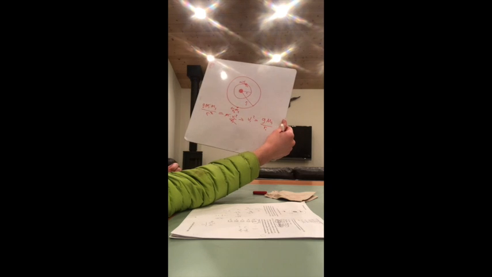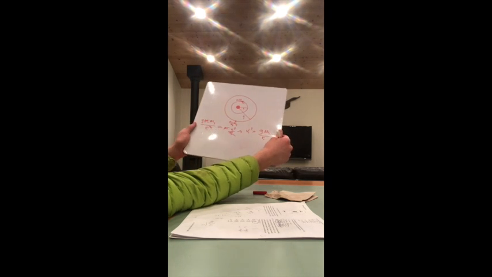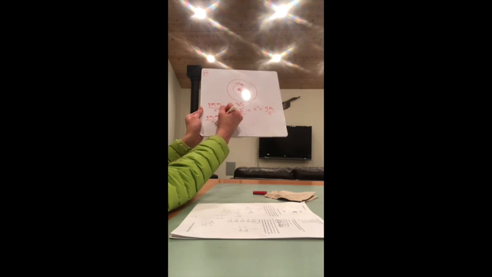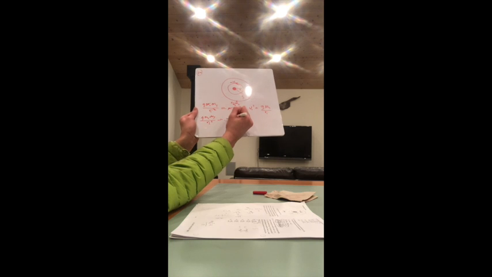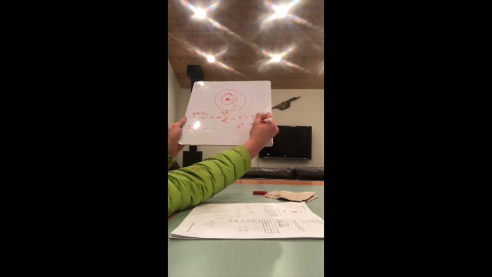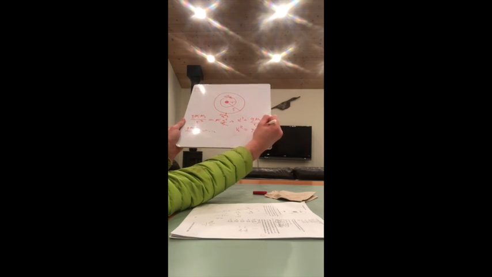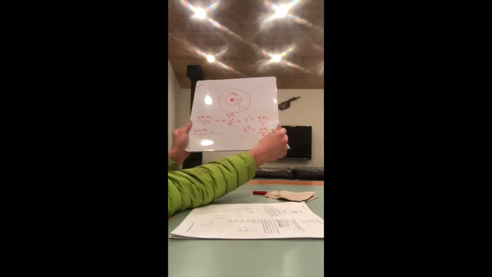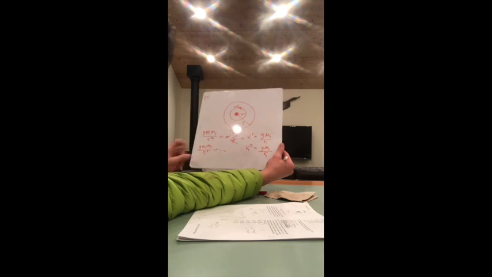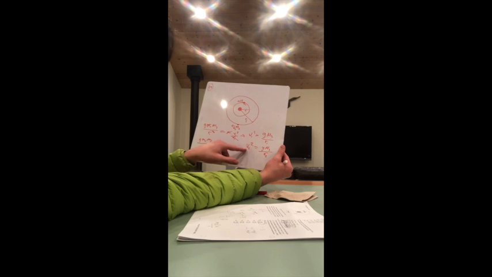Now if we repeat the same exact process with satellite 2, we have G m2 m sun over r2 squared, and we end up with v2 squared equals G M sun over r2.